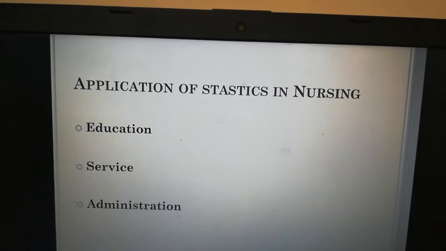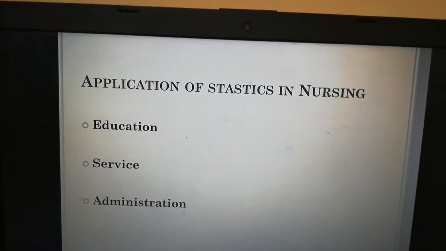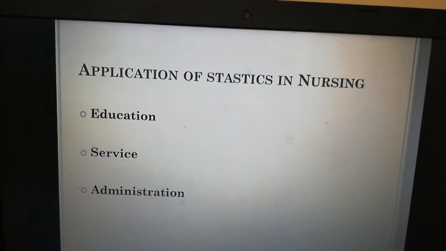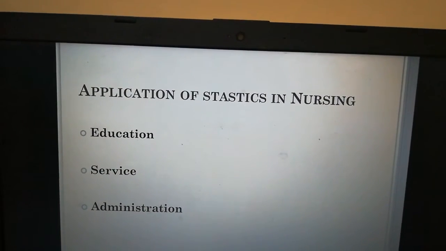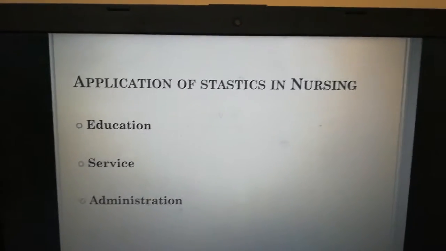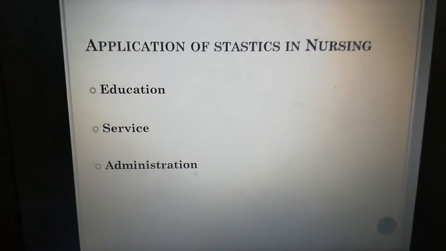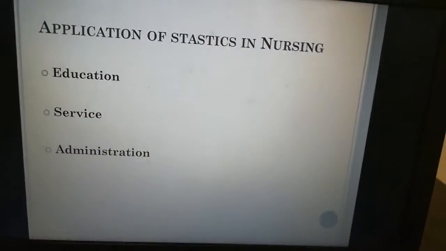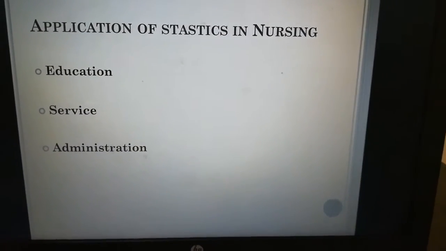Based on the statistics, the education status of an institution can take appropriate measures to improve themselves or modify their way of dealing, etc.